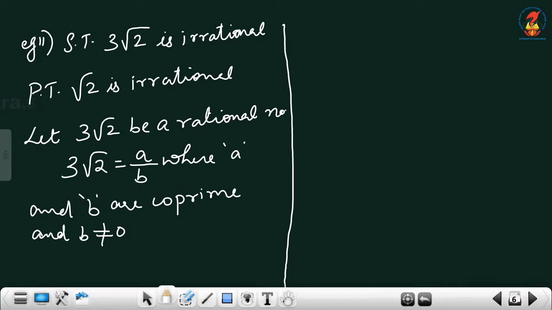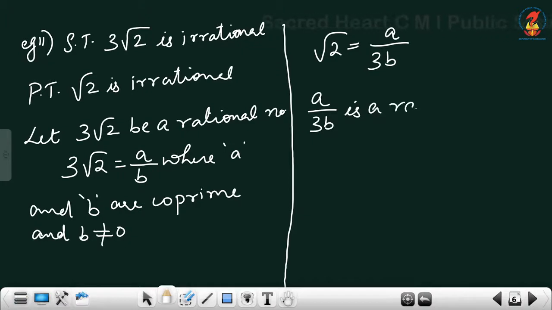So keep this root 2 on one side and all other terms to the other side. So root 2 is equal to a divided by 3b. I have taken 3b to the other side. Clearly a by 3b is a rational number.